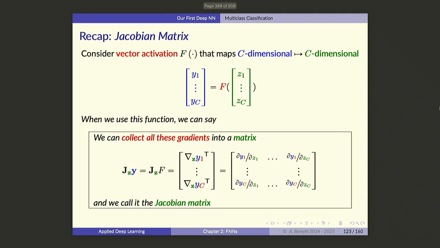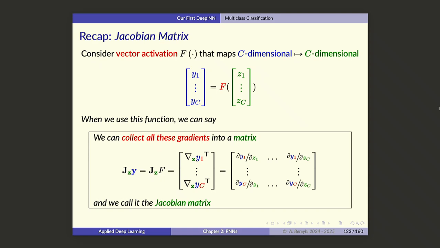The first row in this matrix collects the gradient of the first entry. So y1 is here. Now you can compute the derivative of this one with respect to every single z, and you write it down in the first row.